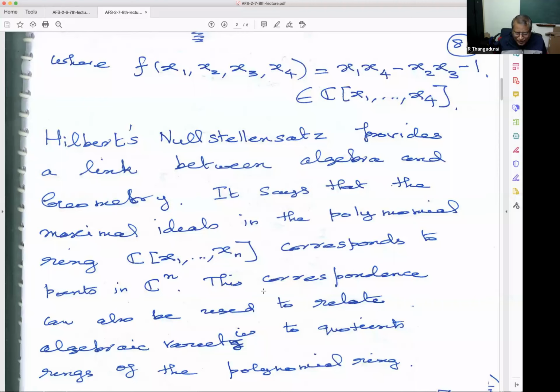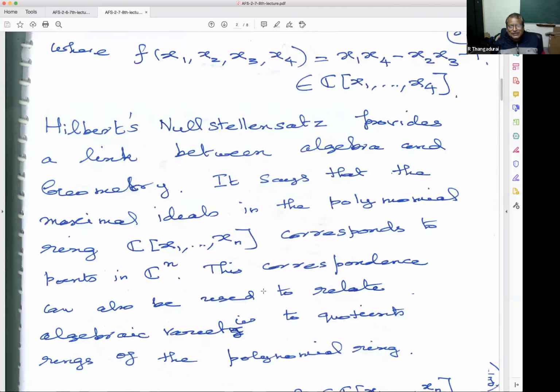Take polynomials F1, F2, F3, ..., Fr, the r polynomials by which this variety is defined. Then we look at the ideal generated by these polynomials, and the quotient ring C[x1,...,xn] modulo I. There we study the maximal ideals. Maybe these maximal ideals are going to correspond to the elements of the variety.